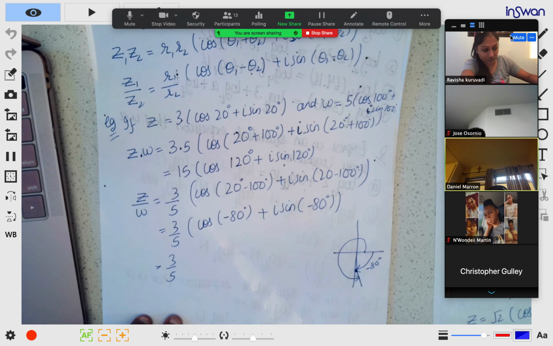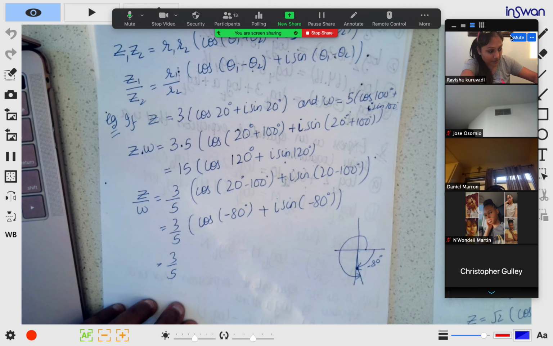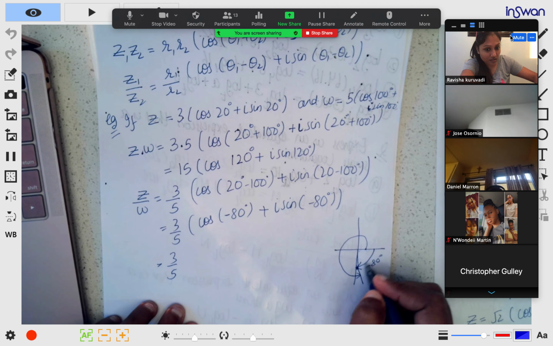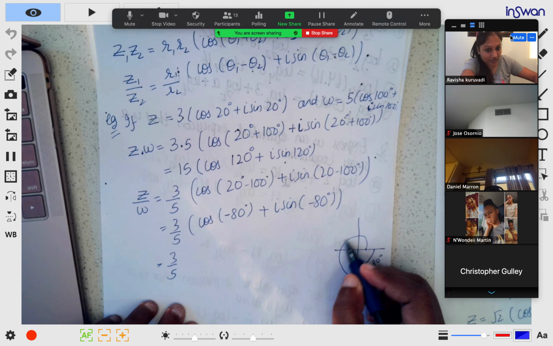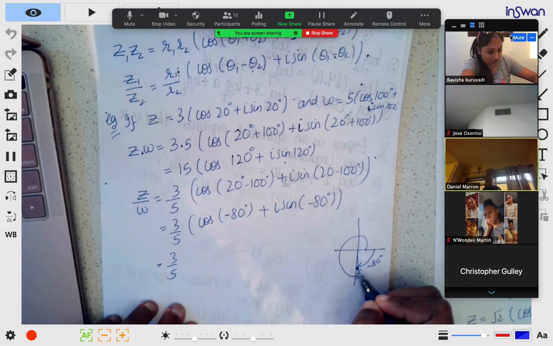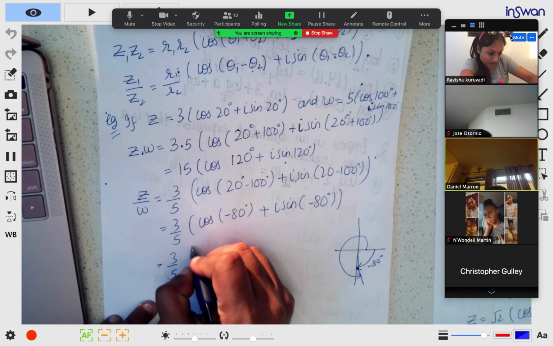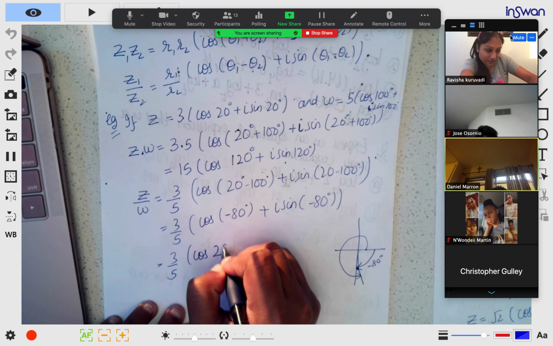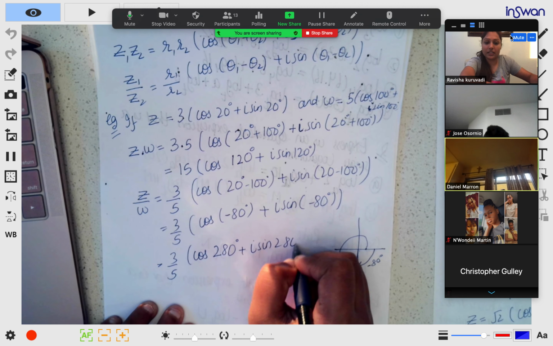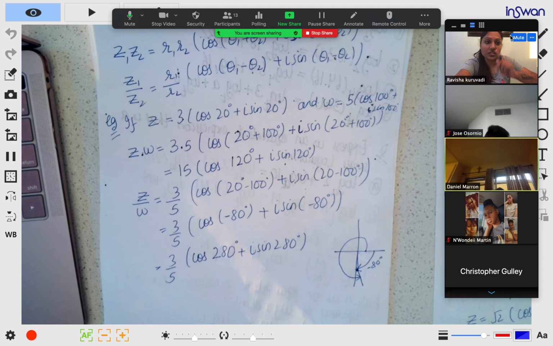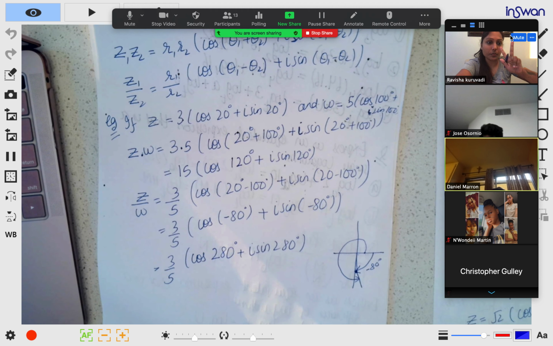We subtract it from 360. This much is 80, and this whole thing is 360, right? So 360 minus 80, it will be 280. So you always have to leave your theta positive, between 0 and 360. Your angle should be between 0 and 360, and r should always be positive.